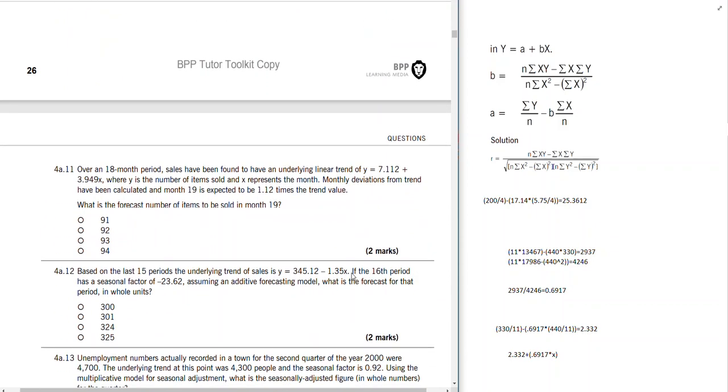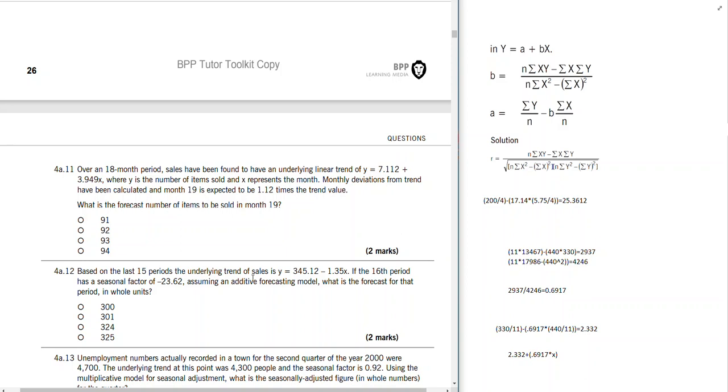What is the forecast for the number of items to be sold in month 19? Over an 18-month period, sales have been found to have an underlying trend of 7.112 plus 3.949x, where y is the number of items sold and x represents the month.